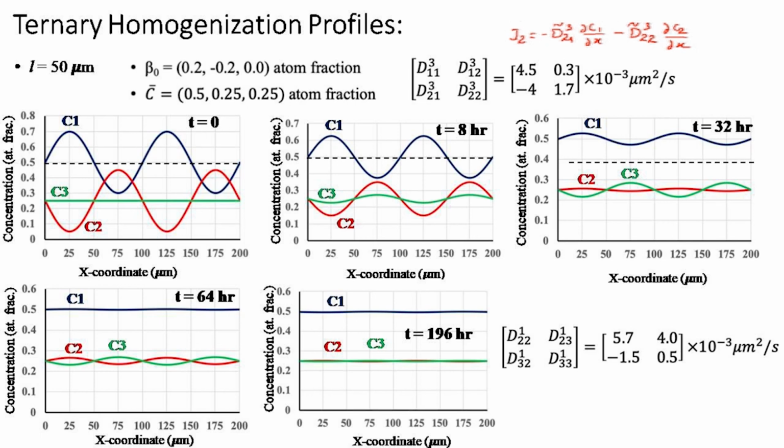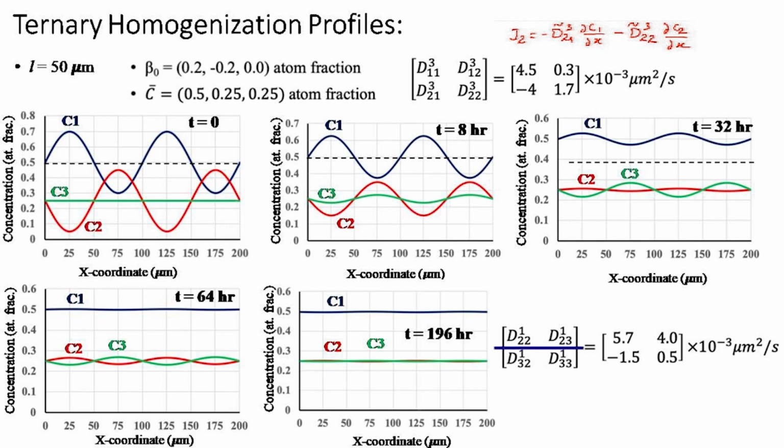So, if you write the similar equation for J3 in terms of D23 and D33 with component 1 as dependent, we will see that although C3 was flat to start with, there was a gradient in 2 which caused the development of undulations in C3. By the time C1 has flattened out, C3 has developed a profile, and now the effect of 3 on 2 comes into the picture.